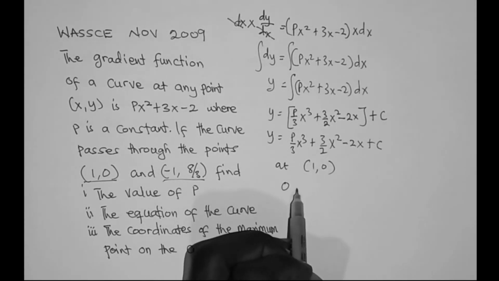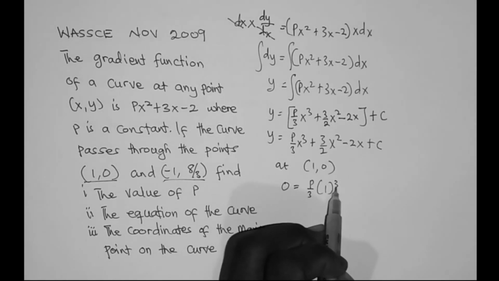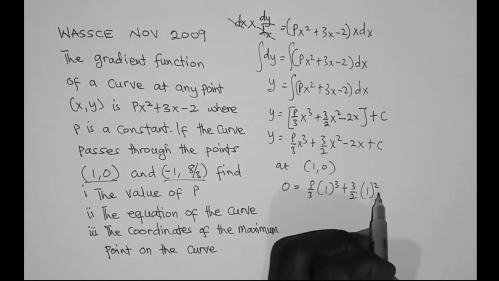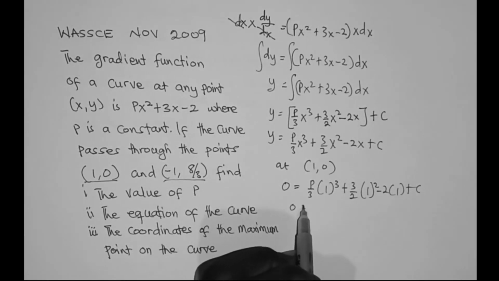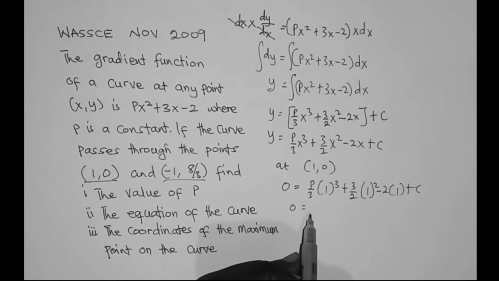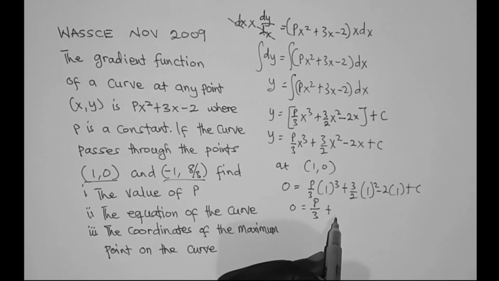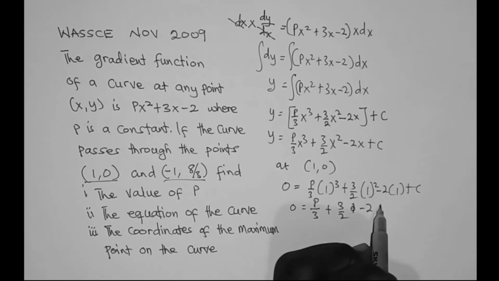So this implies that 0 is equal to p over 3 times 1 exponent 3 plus 3 over 2 times 1 exponent 2 minus 2 times 1 plus c. So 0 is equal to 1 exponent 3 is 1 times p over 3 is p over 3, plus 1 exponent 2 is 1 times 3 over 2 is 3 over 2, then minus 2 times 1 is minus 2, plus c.